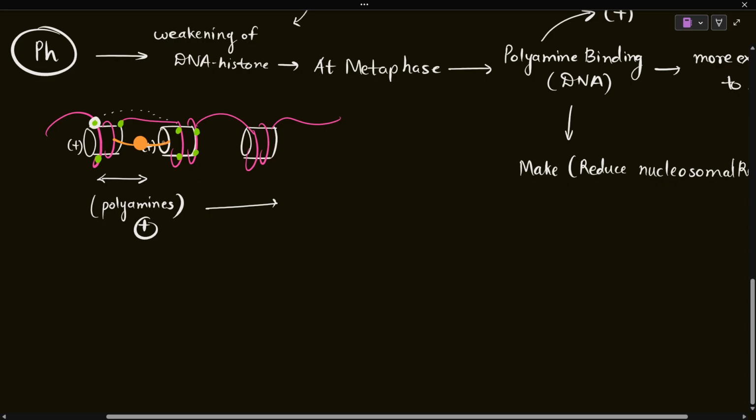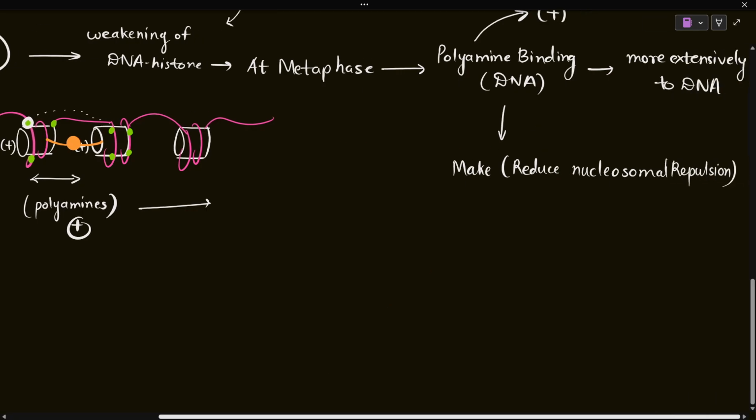This is just imaginary, you have to imagine it; it doesn't happen literally. They are like a middleman with two hands, pulling together and not letting the two nucleosomes go in other directions. So polyamines reduce the nucleosomal repulsion, and this reduction enhances the packing. Due to this, the chromatin becomes dense.